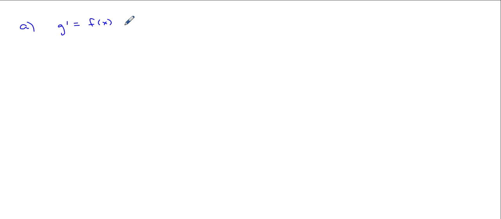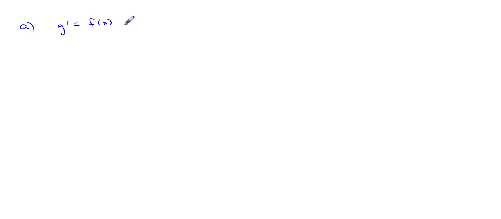Now, we got to check to see what's happening at x equals 10, which means we have to look at what's happening with f of 10. For g to have a relative max, min, or neither, a relative extrema, we have to have a critical number for g, which means g prime has to be undefined or equal to 0, right?